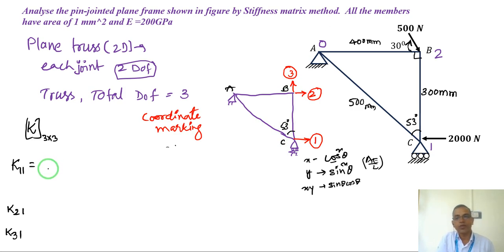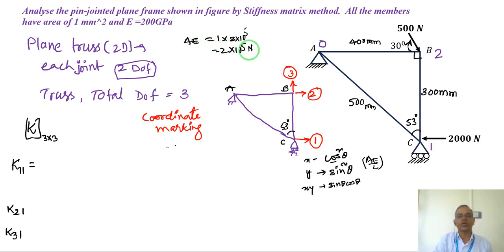which is AE by L, that means A into E we can calculate. AE is 1 into 2 into 10 power of 5 Newton per millimeter square, so this is millimeter square. So this is 2 into 10 power 5 Newton, A into E axial, right?